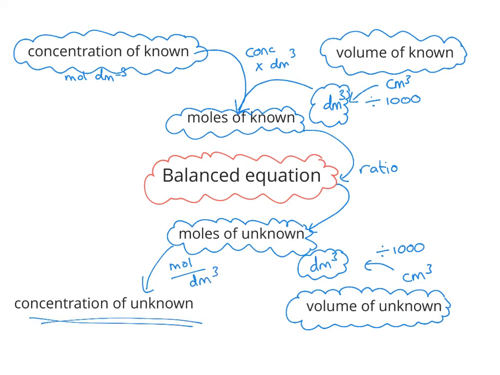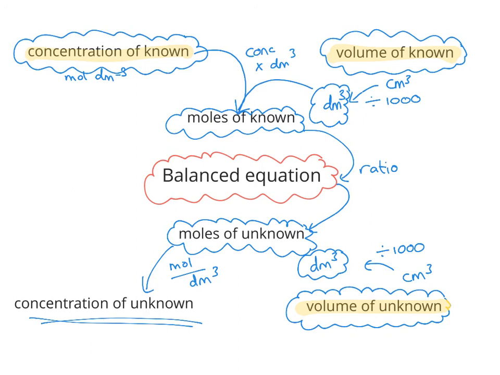So our usual information that we're given in a standard titration question is the concentration of one of the substances and the volume, and that's normally the one that's measured out, like the 25 centimetre cubed, and then we're also usually given the volume of the other substance, and that is the one that we get from the burette. So that is the one that has a decimal place because it's normally an average of values and it's not an exact number.